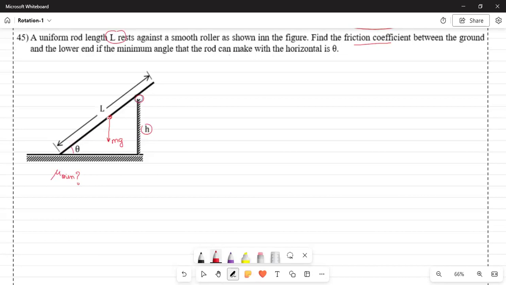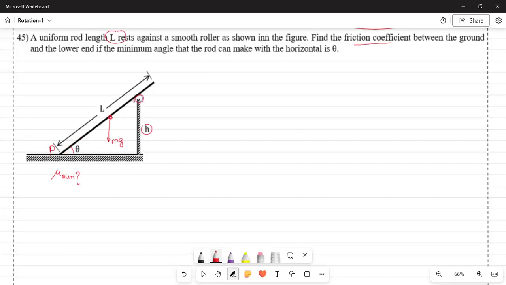And the length from the end P, let us consider this point as the point P, from P to this center of mass is obviously L by 2. So we have seen that there is one force mg which is working down.